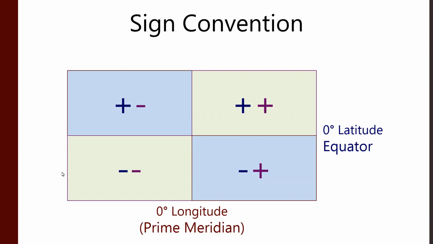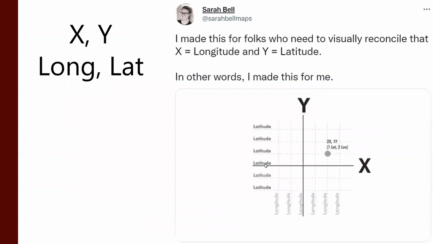However, this convention, latitude, longitude, for each of these things, is actually opposite how we would refer to things in graph space.